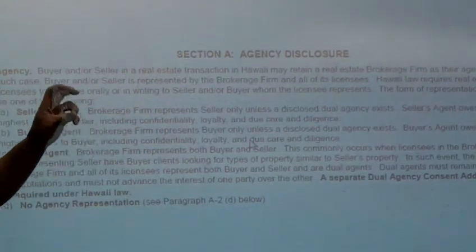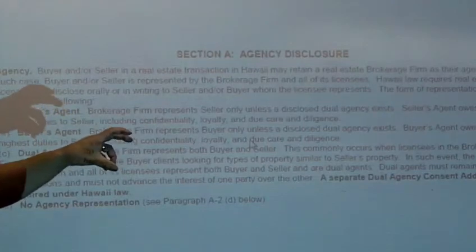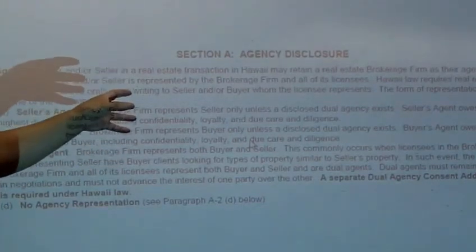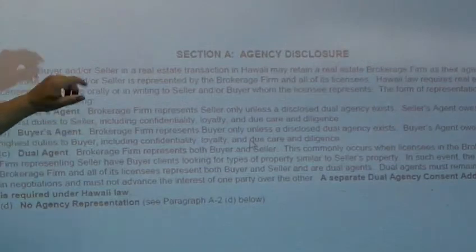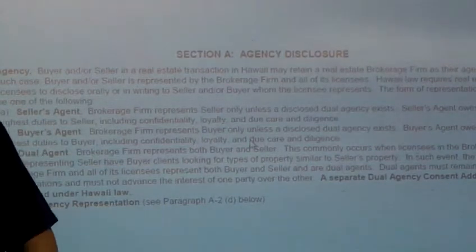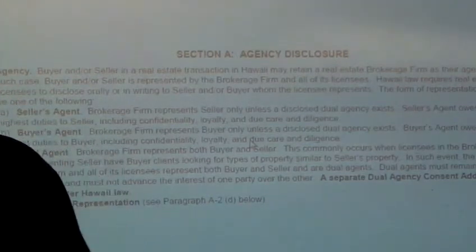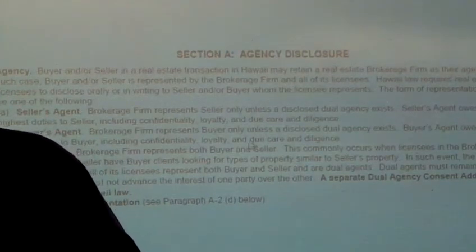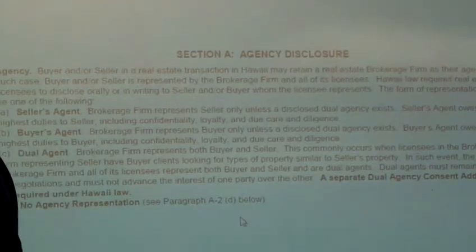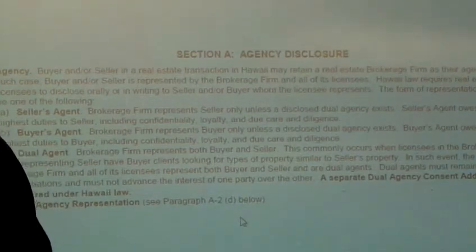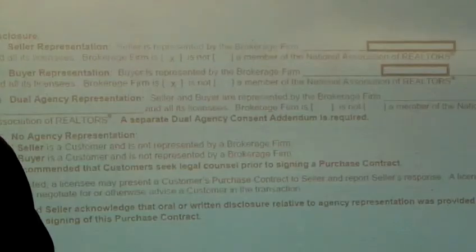You're putting in the company's name, because it's the broker that's actually the agent for the client, and you're an agent to the broker. So everybody in the office represents the client. In the case of dual agency, the one company represents both, and dual agency disclosure and consent have to be given. Remember, that's the important part: dual agents have to have the consent of the parties.